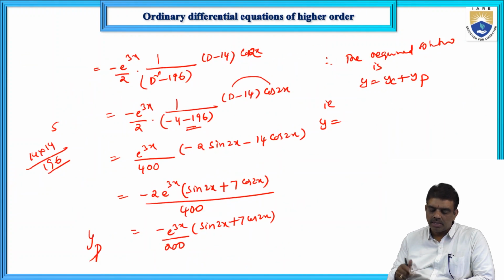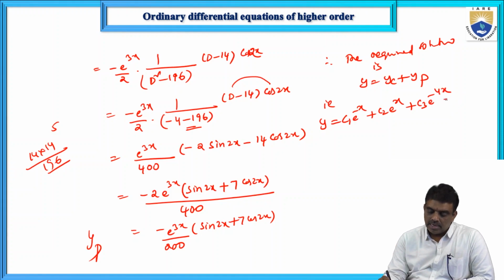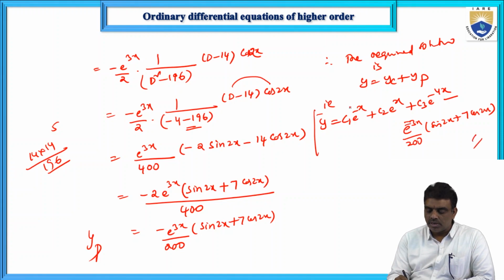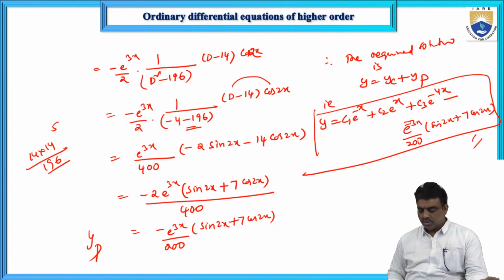So c1 e power minus x plus c2 e power x and c3 e power minus 4x, another term minus e power 3x by 200 into sin 2x plus 7 cos 2x. That is the required solution of the given differential equation.